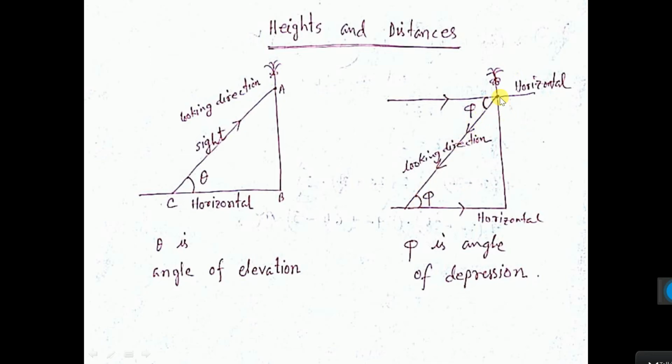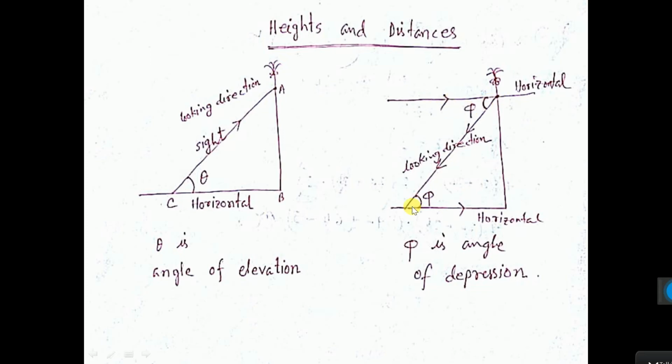And one line I am drawing parallel to the ground. This is the ground and I am drawing a parallel line to the ground. So the angle between these two, this looking direction, that is the eyesight direction, and this horizontal which is drawn through this point, the angle between them is called angle of depression.